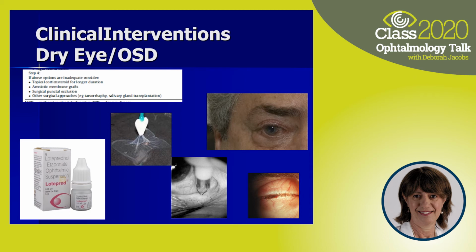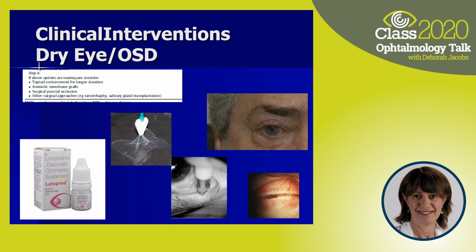One can move to amniotic membrane grafting. AMG comes in various forms, including the frozen form depicted in the second image. This is applied with either sutures or fibrin glue. There is a freeze-dried form that can be applied under a bandage contact lens and is probably the easiest to use and the most comfortable for patients.